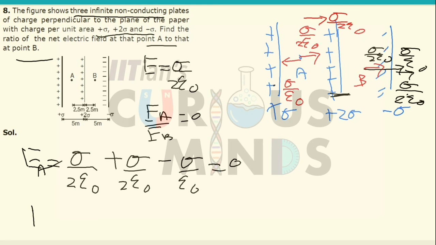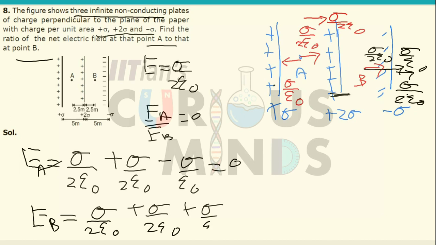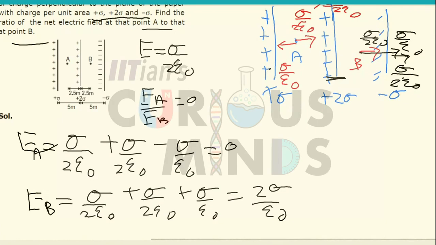So EB will be equal to, all three of them being in the same direction, sigma divided by 2 epsilon naught plus sigma divided by 2 epsilon naught plus sigma divided by epsilon naught, which will be equal to 2 sigma divided by epsilon naught. The ratio will anyway come out to be 0.